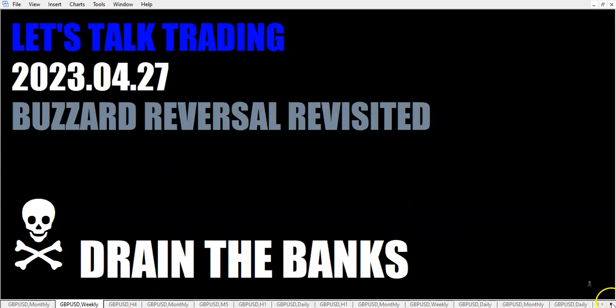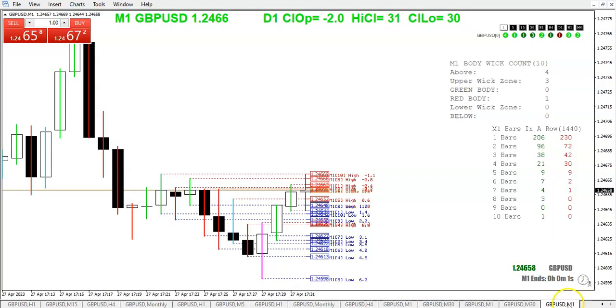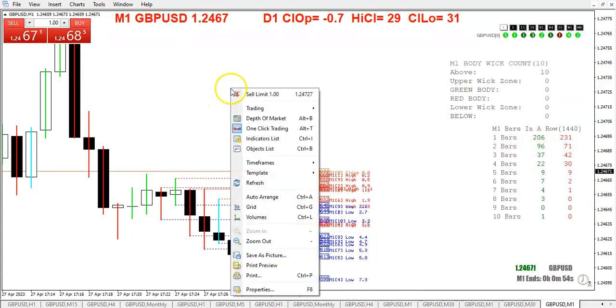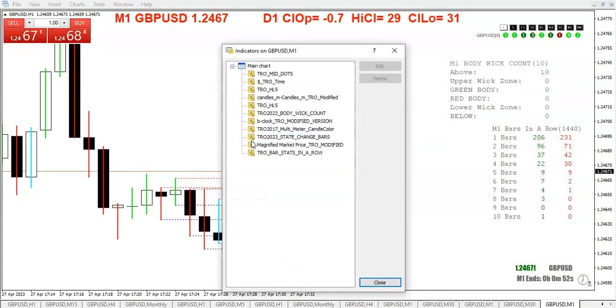And why does that matter? Why am I talking about a Buzzard reversal? Well, a long time ago, I wrote what I called the in a row indicator, and it's right here, TRO, bar stats in a row.